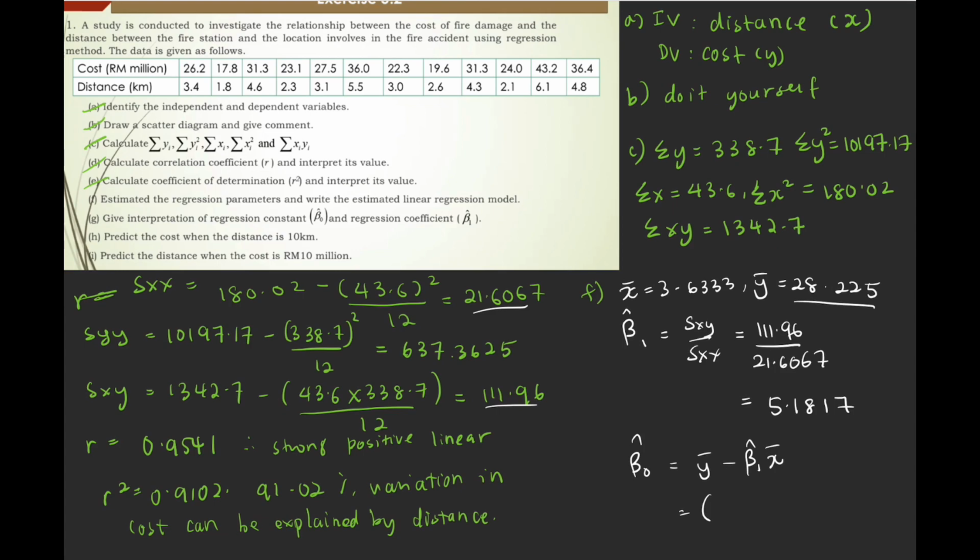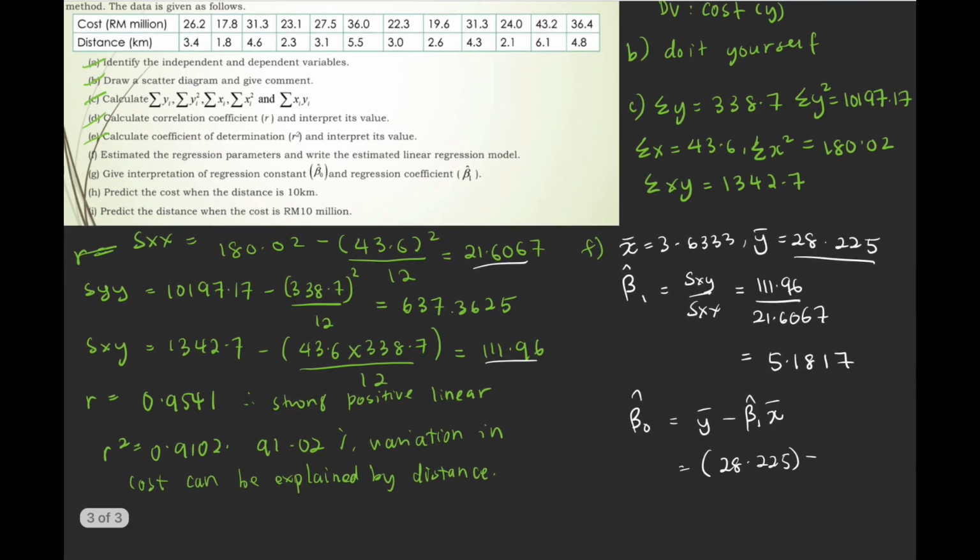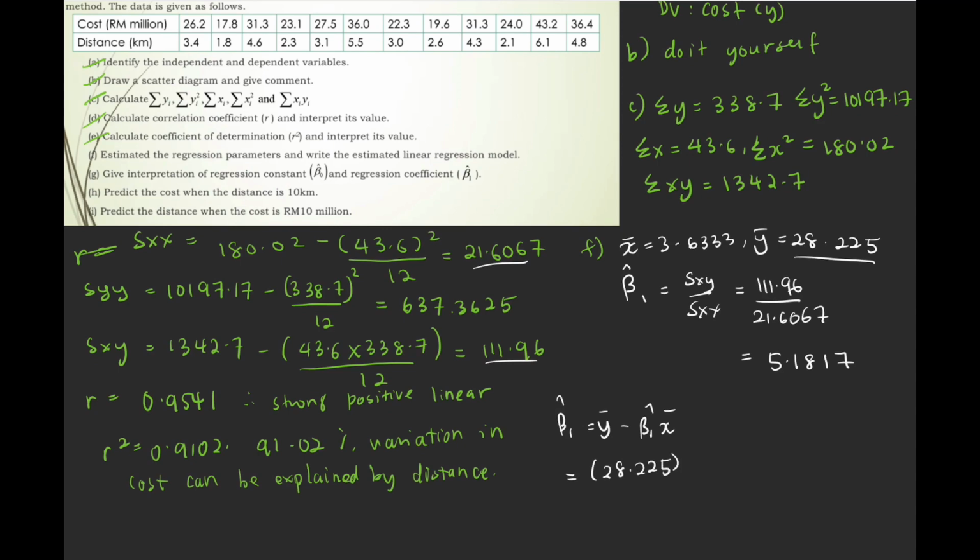So y bar is 28.225 minus 5.1817 times x bar, 3.6333. So beta naught is equal to 9.3980.